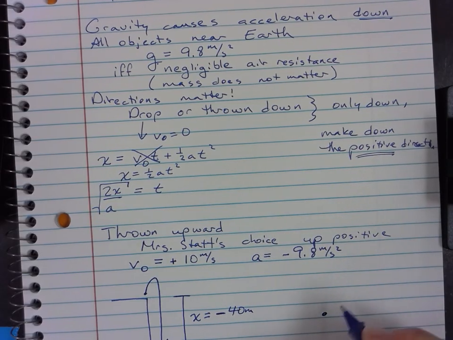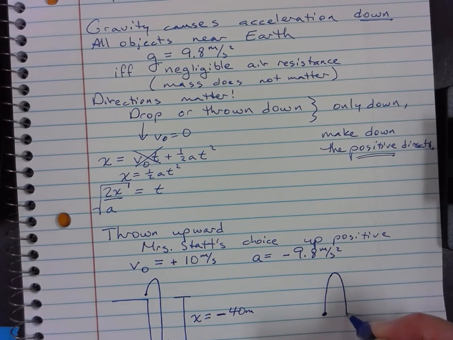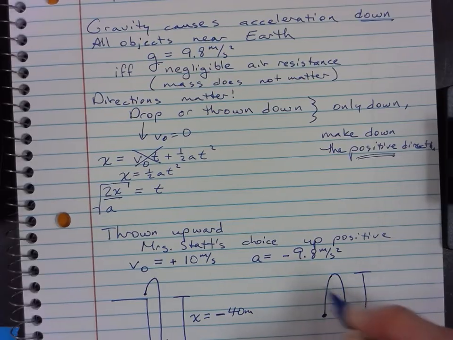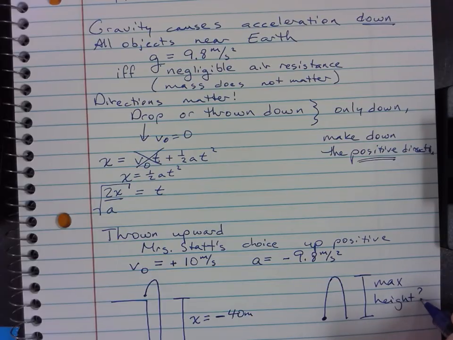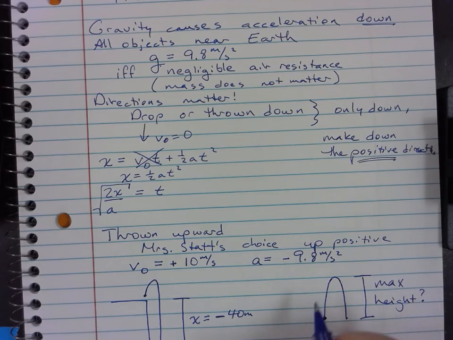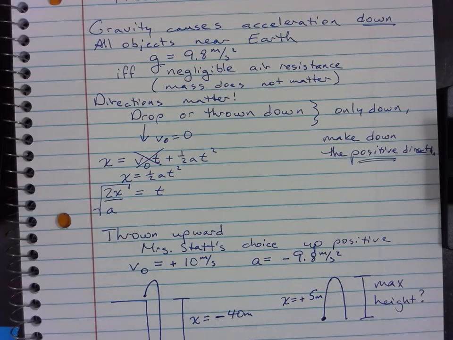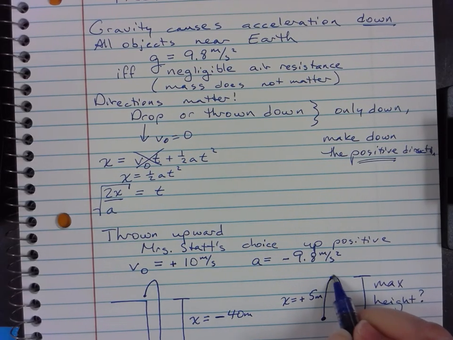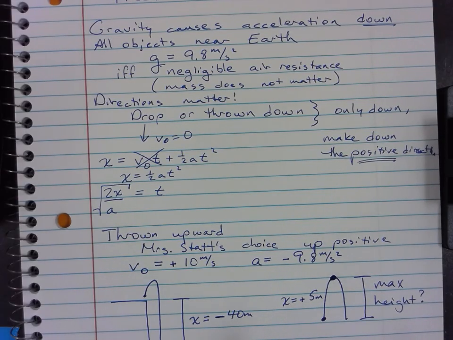If, on the other hand, it's thrown upward, and pretend that's in a straight line, I want to know the max height. Well, or if I'm given the max height, this number would be a positive 5 meters, because max height is above where we started. So especially if you're given a displacement in an upward thrown problem, be really careful about the sign on that too.